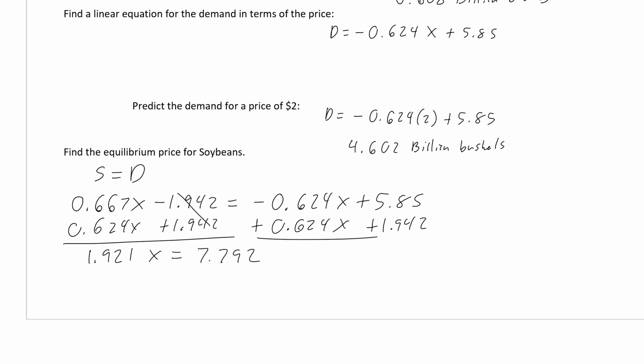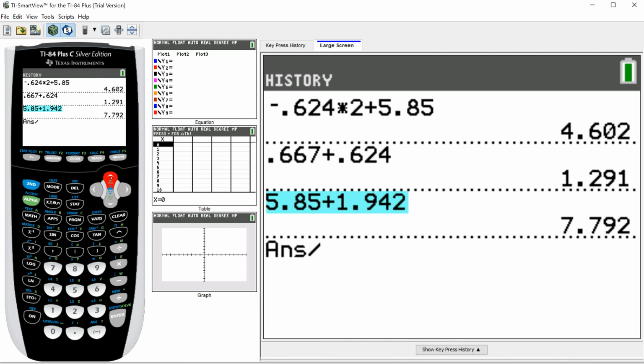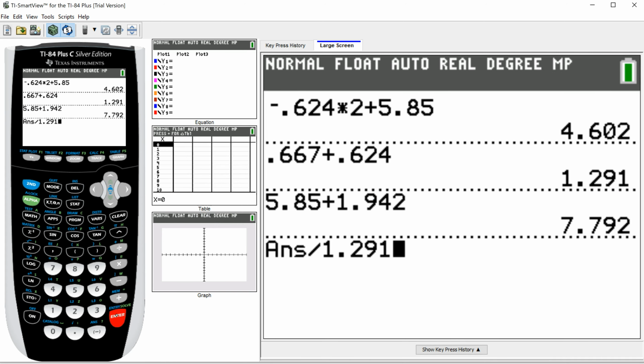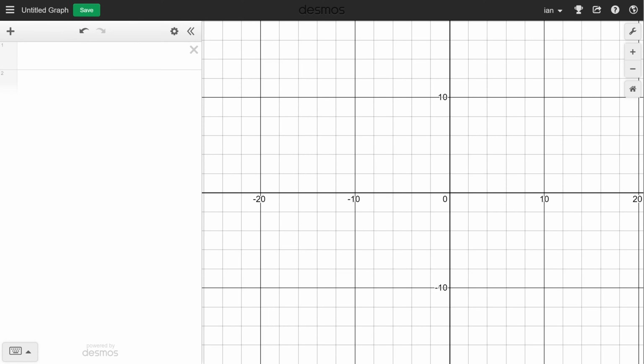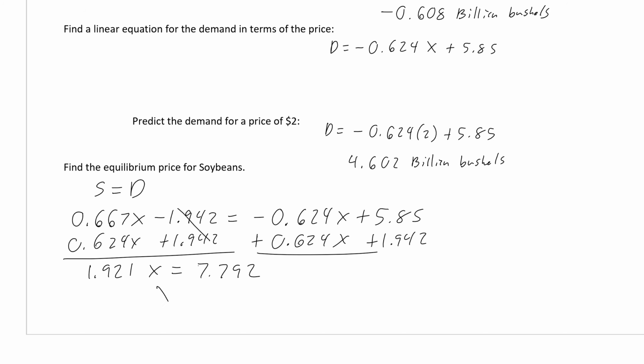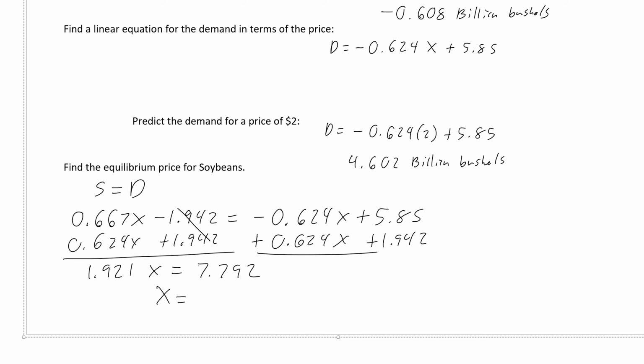And then a quick divide. And we get $6.04. That cannot be right, because 7 divided by 1.91 is not correct. 1.291.